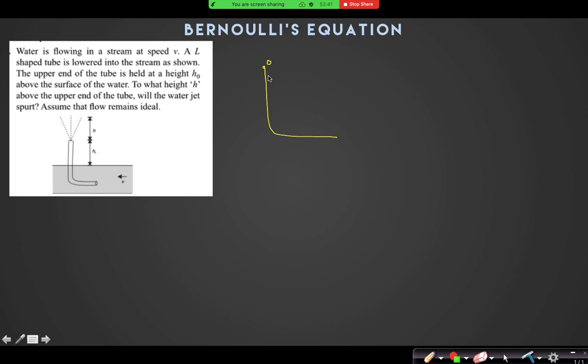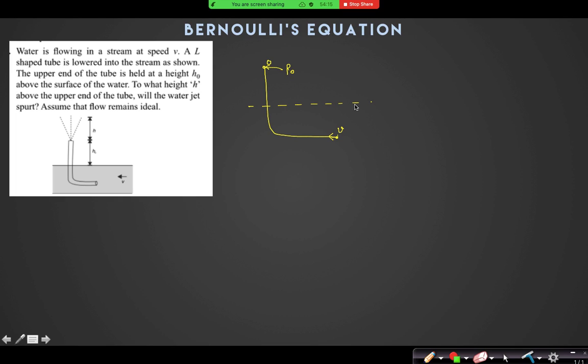At the topmost point this velocity is 0 and you can see this velocity is v, right? Inside, whatever the velocity may be, whatever the pressure may be, I don't want that. I am only concerned about the topmost point and this bottommost point. What is the pressure at the topmost point when the liquid is outside? P naught, atmospheric pressure.